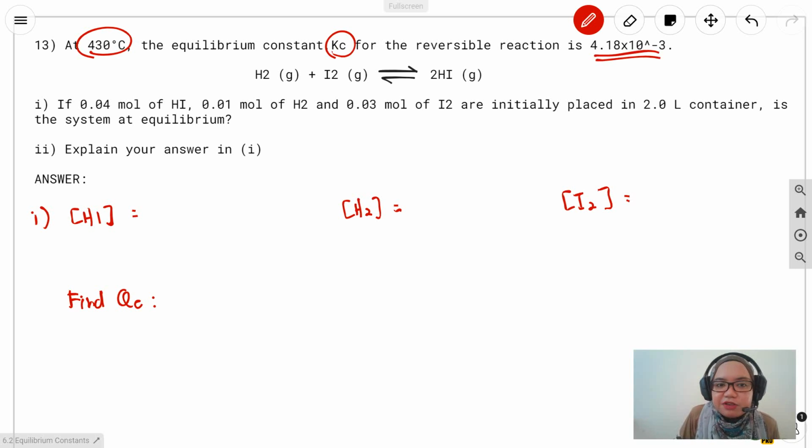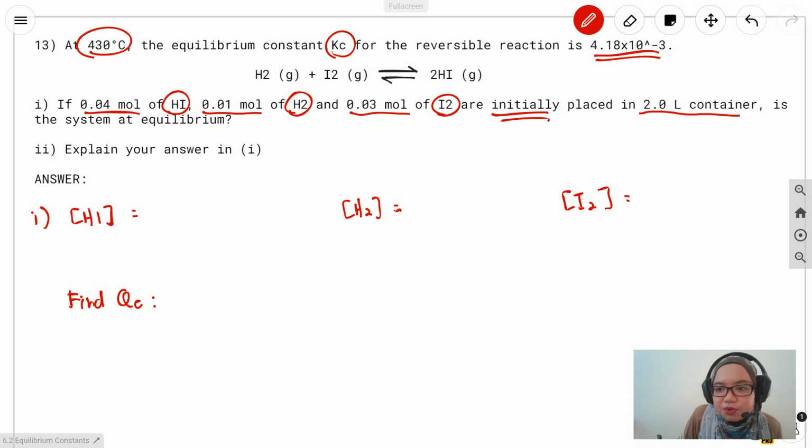So hydrogen gas plus iodine gas to form 2HI gas. Question number 1. If 0.04 mole of HI and 0.01 mole of H2 and 0.03 mole of I2 are initially placed in a 2.0 liter container, is the system at equilibrium?